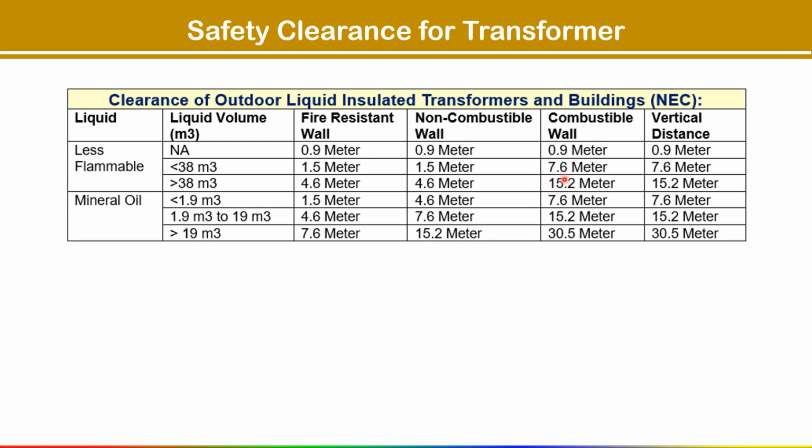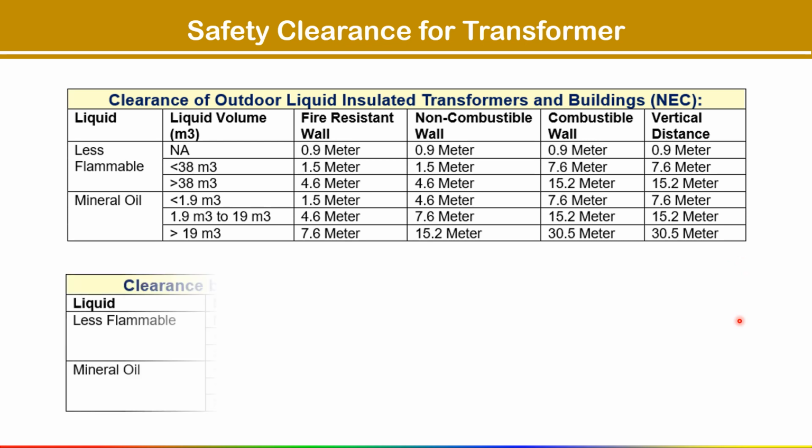And if it is a combustible wall, how much distance is it showing? Sometimes we place the transformer in a transformer room, so that is why this detail is given. Okay, 7.6 meter you have to maintain, and the vertical distance is given here. Okay, so as per the liquid you have to decide everything.